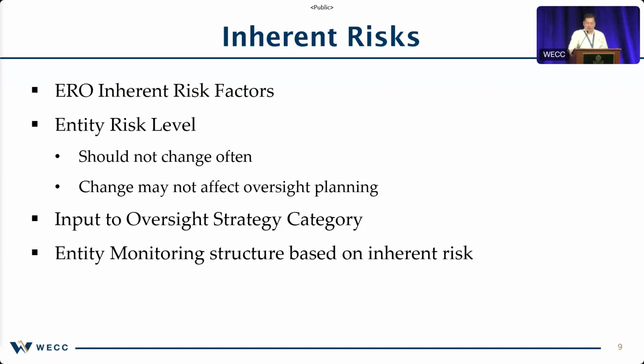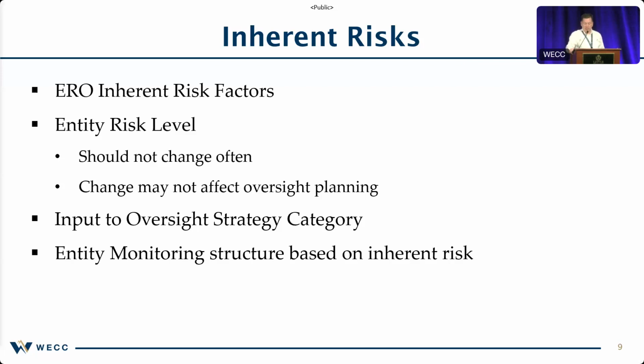And functional applicability, I think there's a change in the horizon. If you are an RSG only, you could probably look and see that no risk factors apply to you, which means you have no inherent risk in the Western interconnection. Well, we know that's not true, so we're going to adjust the functional applicability to include RSGs.